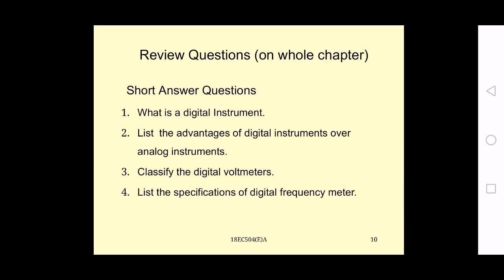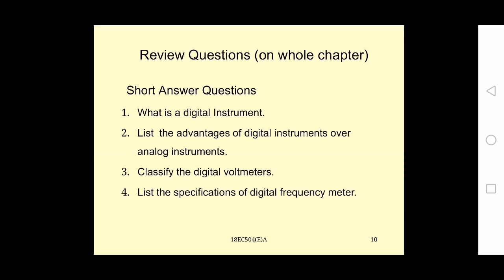Based on that, there are more advantages of digital instruments compared to analog instruments. Accuracy is increased, and you have better resolution, so you can measure the least quantities of the measurements.